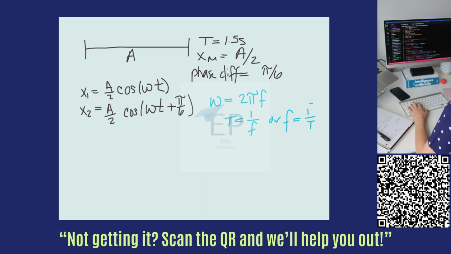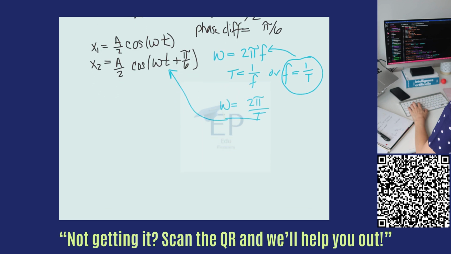So substituting this portion in for our f, we now have omega equals 2 pi over the period. So we can take this portion and actually replace our omegas from our original position functions.